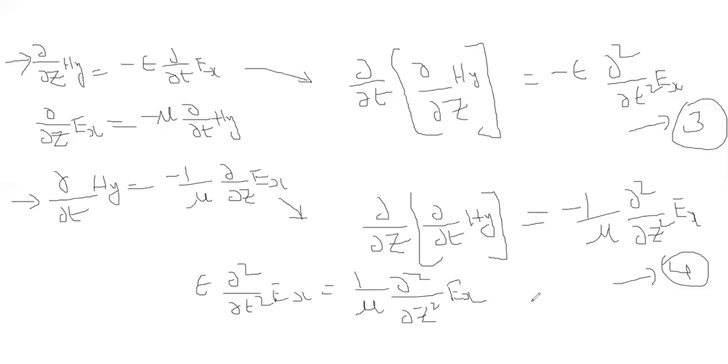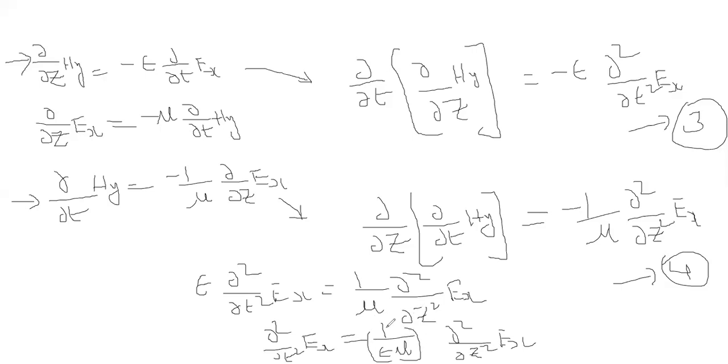And now we take this epsilon here. So dou square by dou t square Ex is equal to 1 by epsilon into mu, this is the one equation here, dou square by dou z square into Ex.